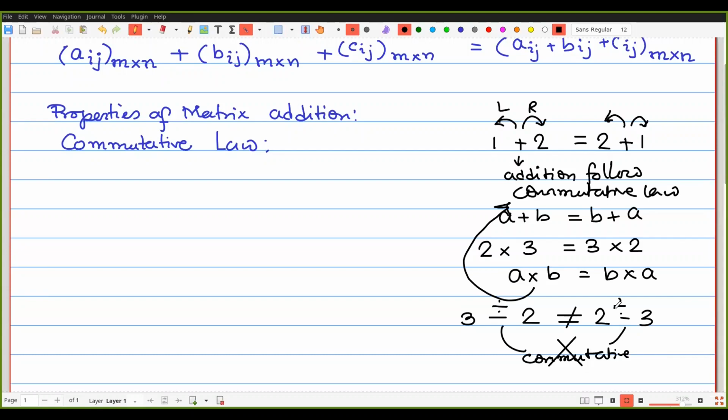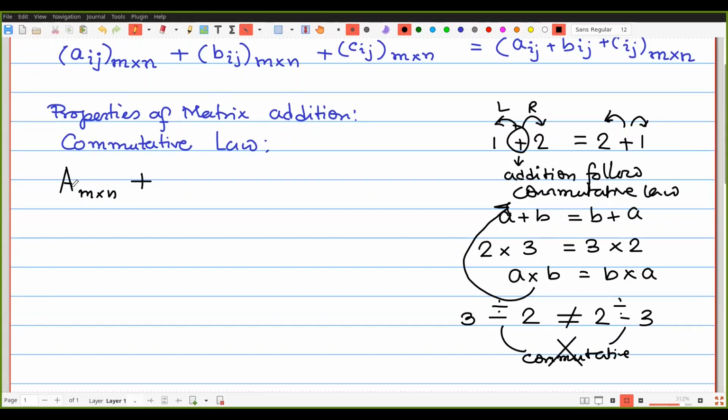Now we proceed with matrix addition. Suppose we have a matrix A with order n cross n, then we add with the plus operation, and that plus operation is different. The plus operation used for real numbers is different from this one, which is called the matrix addition operation.